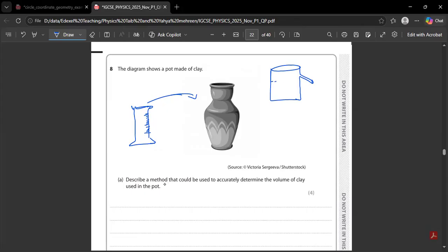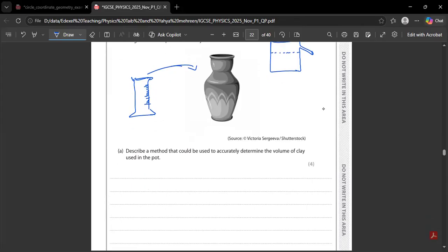So I will fill the Eureka can with the water, okay? Right?